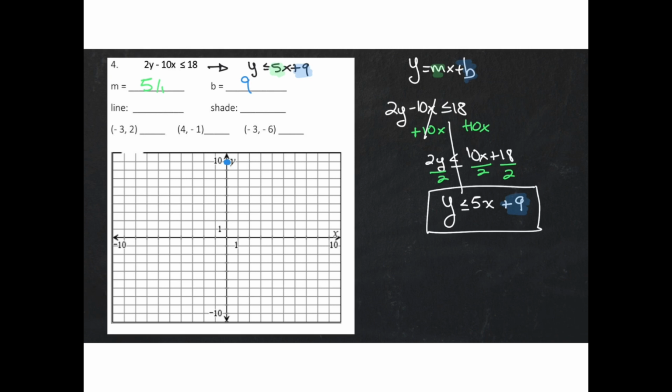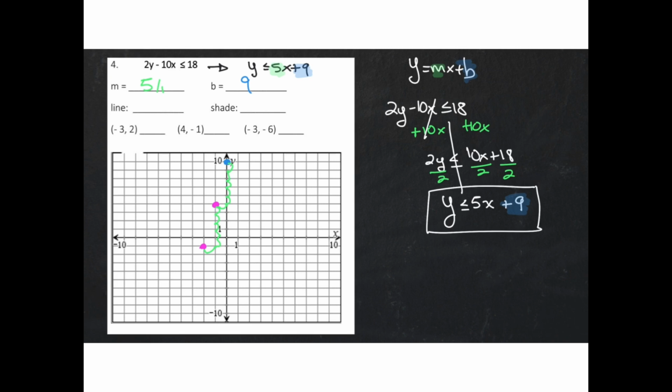So instead of up, down, so we're going to do 5 down. 1, 2, 3, 4, 5. And then instead of 1 to the right, I'm going to do the opposite. So it'll be 1 to the left, which is going to place me right here. And then we can do that again. 5 down, 1, 2, 3, 4, 5, and then 1 to the left. Right there. Okay.